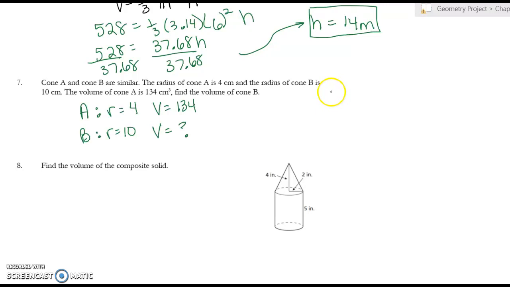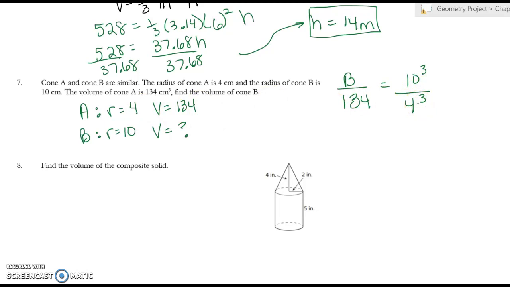But when you go to surface area, it's side squared over side squared. And when you go to volume, it's side cubed over side cubed. So since I'm looking for the volume of B, I'm going to put that on top, in the same place as the volume of A. And now I go back to B, and I'm going to do 10 cubed over 4 cubed.